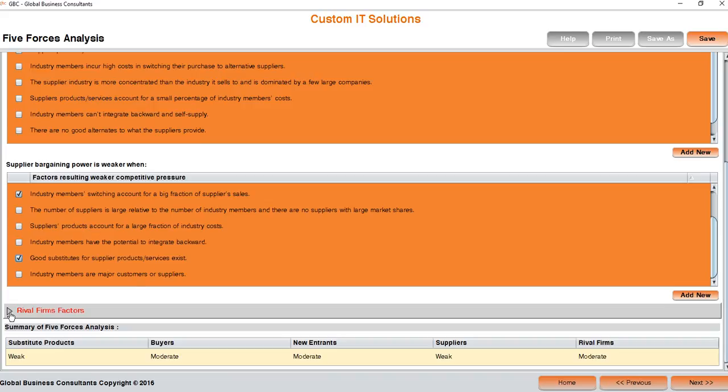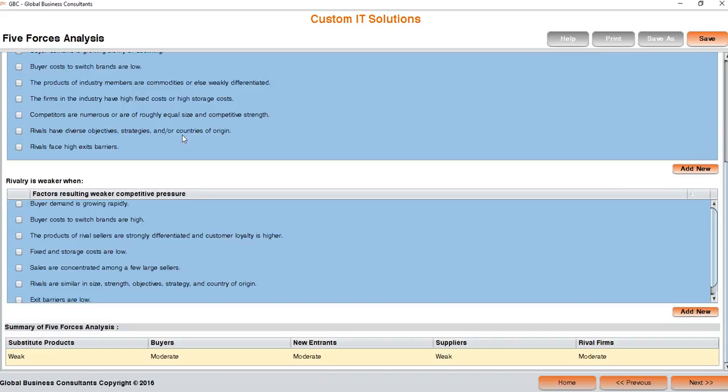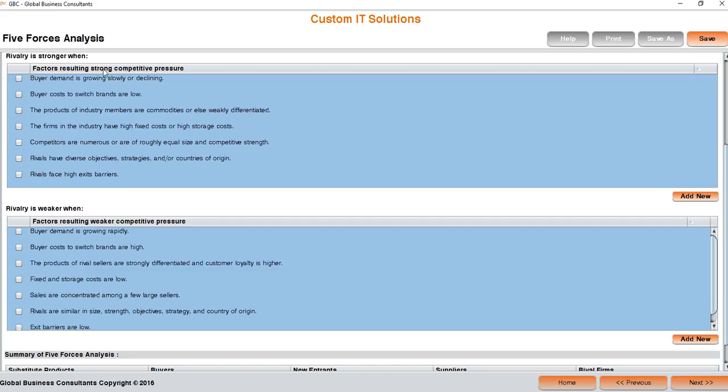The next thing I'm going to do is click on rival firm factors. This is generally much more important, and rivalry is strong when buyer demand is growing. So we definitely see buyer demand growing. Buyer costs to switch brands are low. That's not entirely true, especially when it comes to custom developed software. The products of industry members are commodities or else weakly differentiated. That's not entirely true.